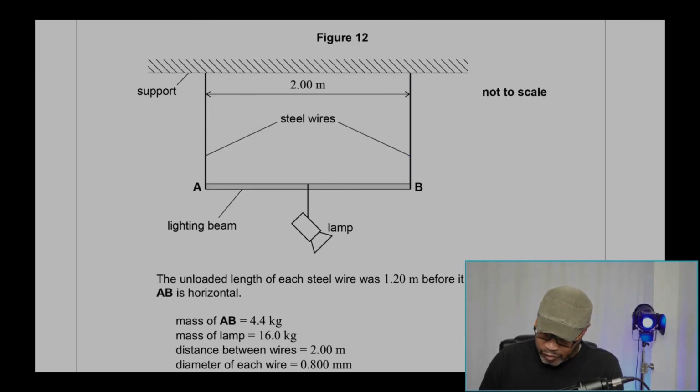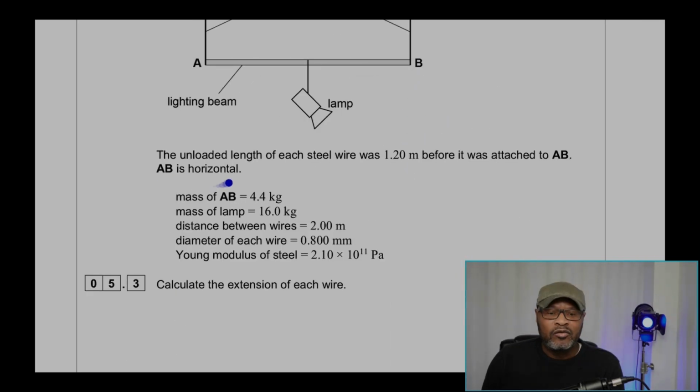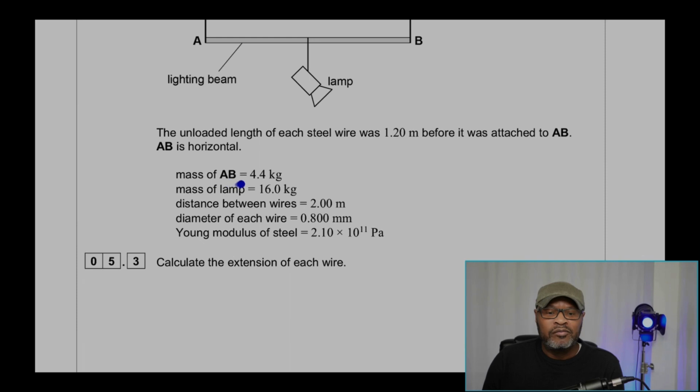Length is 1.2 meters. AB is horizontal. We've got the mass of AB to be 4.4 kilograms. The mass of the lamp is 1.6 kilograms. Distance between wires is 2 meters. Diameter of each wire is 0.8 millimeter. Young modulus of steel is 2.1 times 10 to the power 11 pascal. Question 5.3, calculate the extension of each wire.